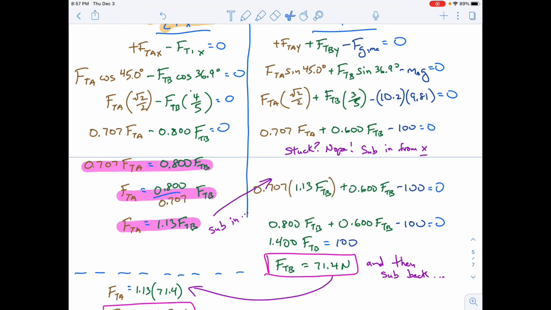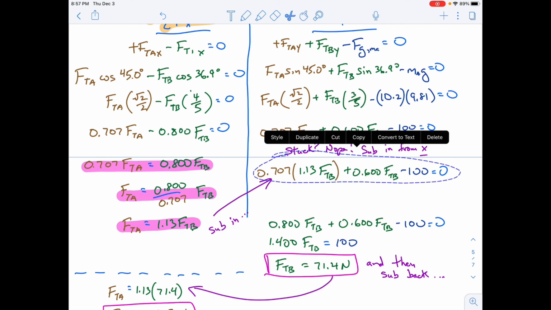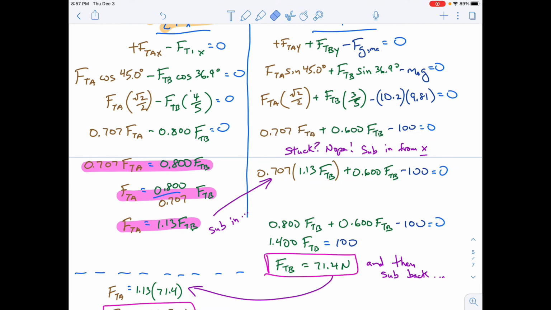And that's what I do. I take that FTA being equal to 1.13 FTB, and I substitute that in right here.